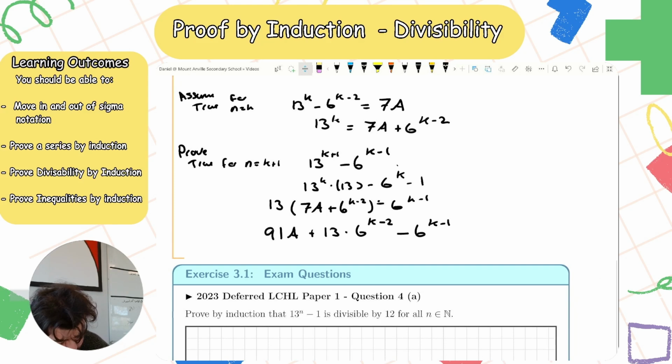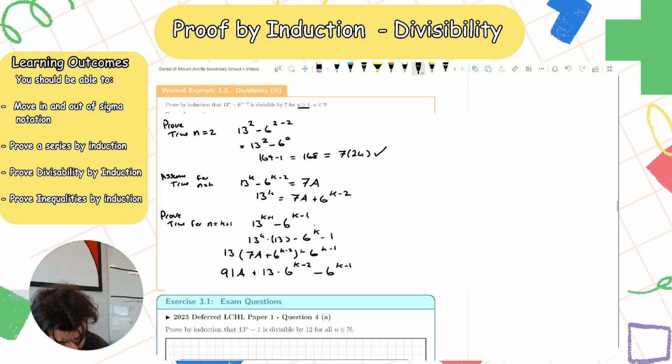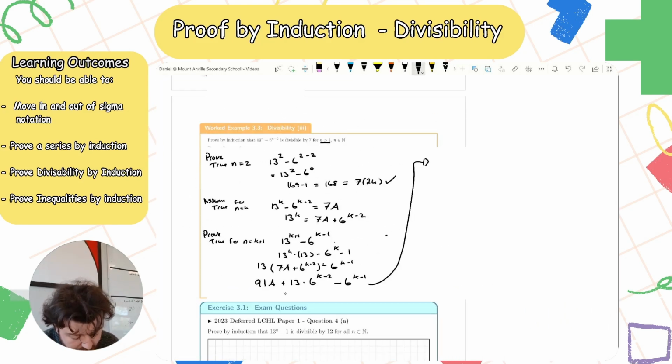So this can be written as, here's a bit of a tricky one. So we have some manipulation to do here. Now, I need to find a way of combining these two terms here. 13 times 6 to the k minus 2 minus 6 to the k minus 1.